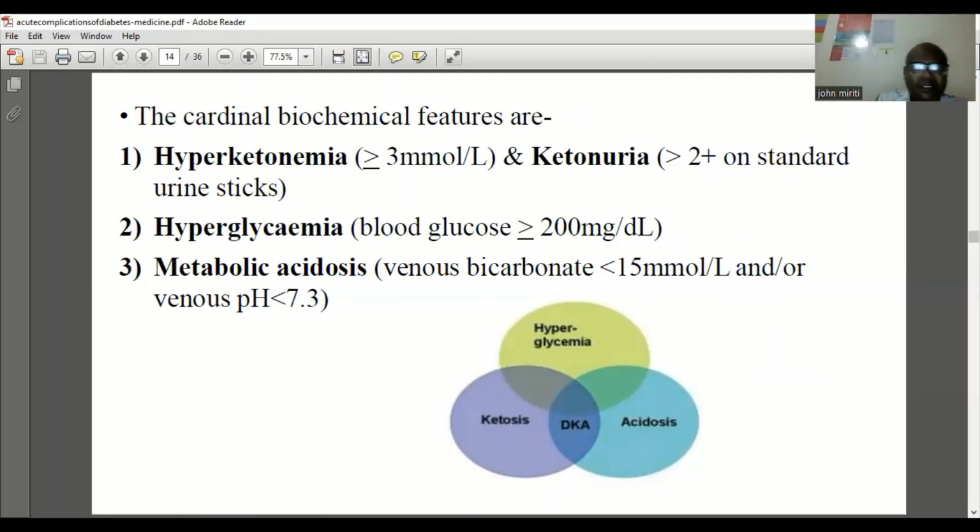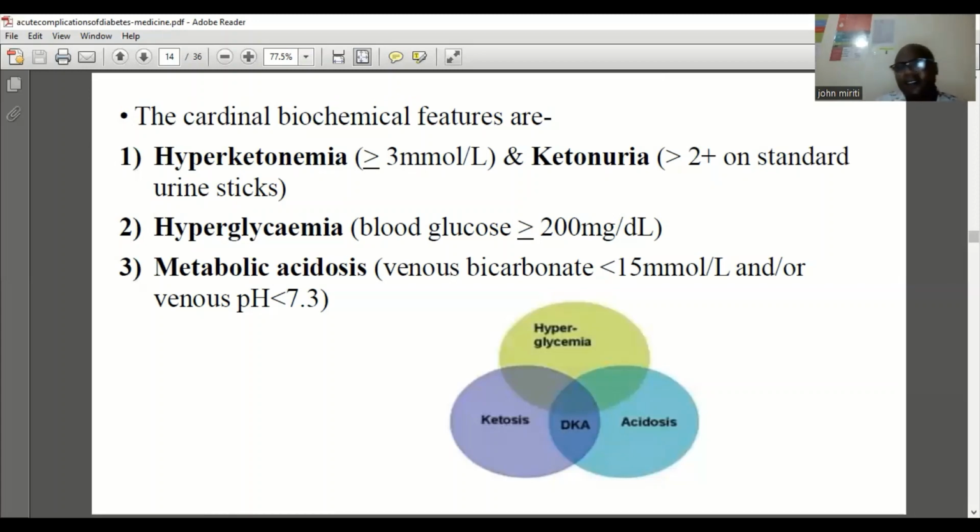If the patient has the cardinal features of ketonemia in the blood, ketonuria in the urine, hyperglycemia, and metabolic acidosis, then you can see that the patient is having a DKA. That is from a biochemical perspective.